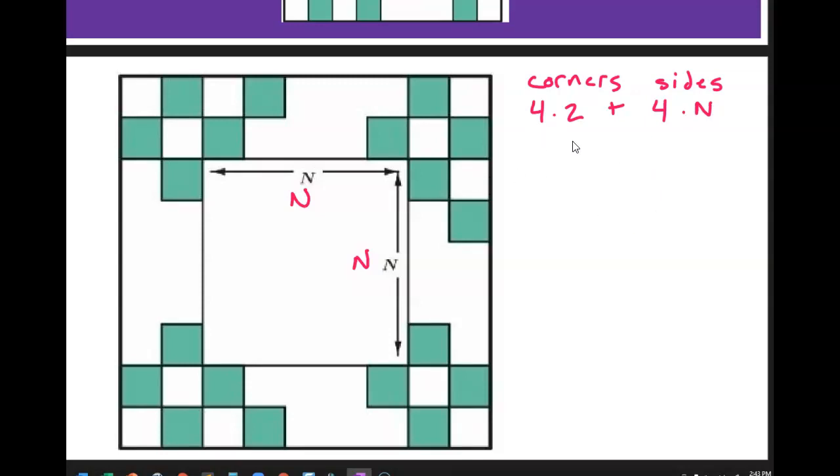So if we simplify that, 4 times 2 is 8, and then 4 times n is just 4n. That can be a simplified way of writing it. We don't have to write the multiply symbol. We understand that writing them together like that just means multiply. So that is our expression for any n-sided.